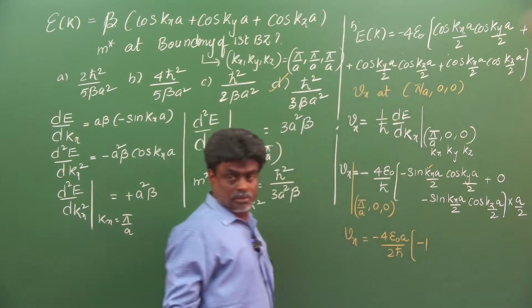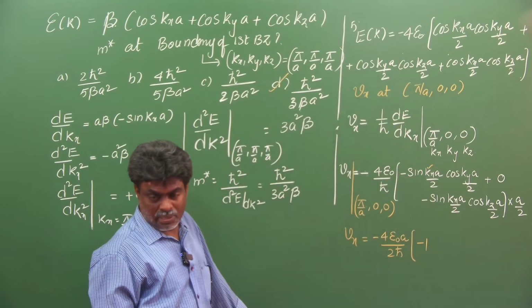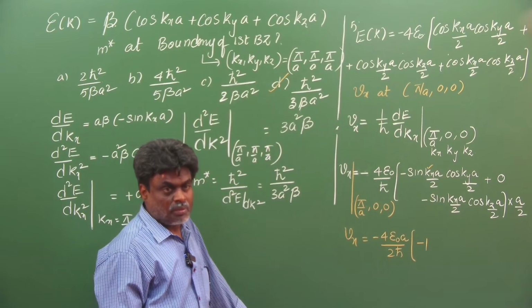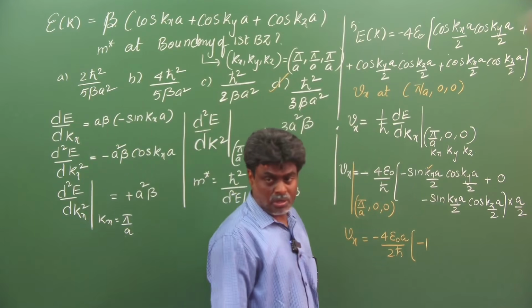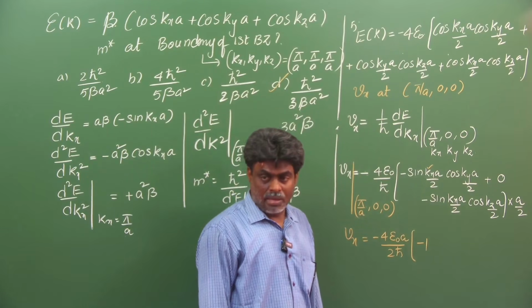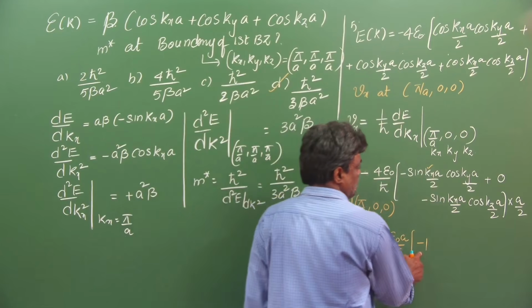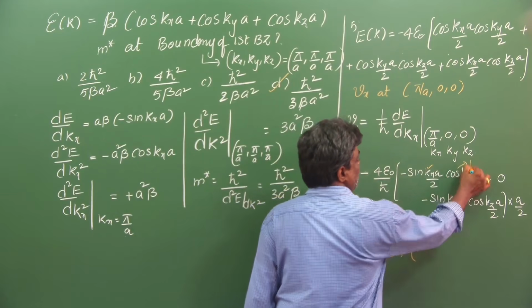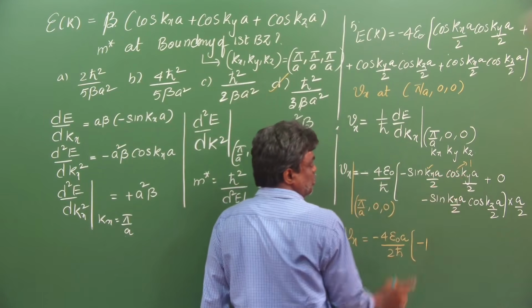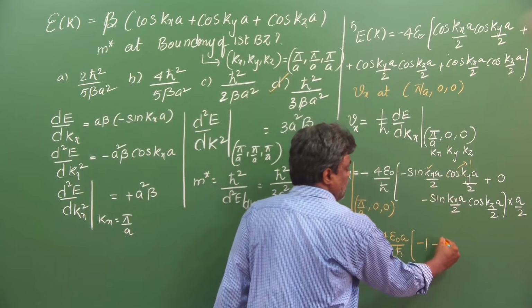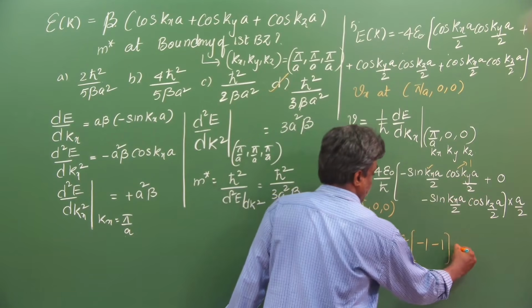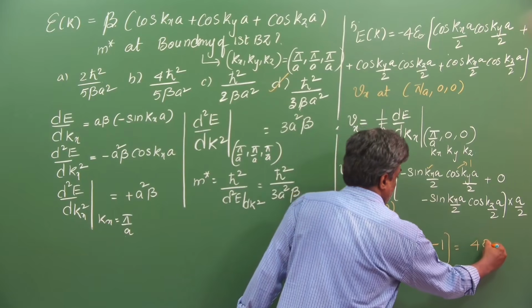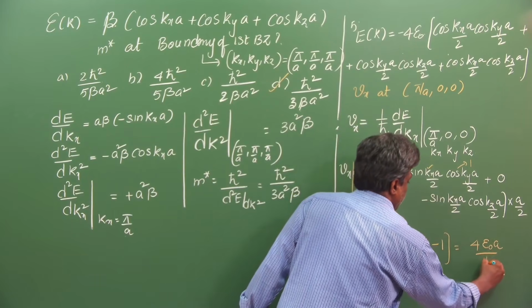In the question there is 1 minus. What is the answer? 4 epsilon naught a by minus 1. And this is a 1, because if you take this 0 and substitute 1, and here also you will get a minus 1, and this is equal to 1. So finally I think 4 epsilon naught a by h cross.